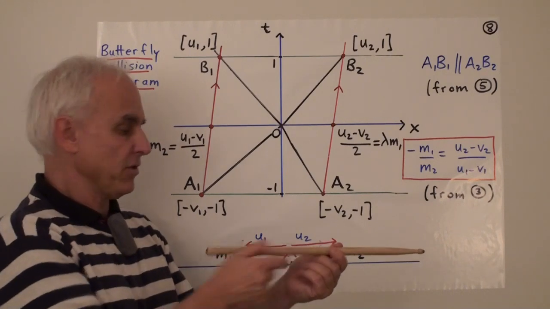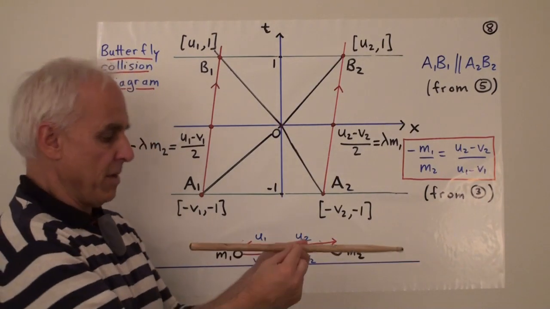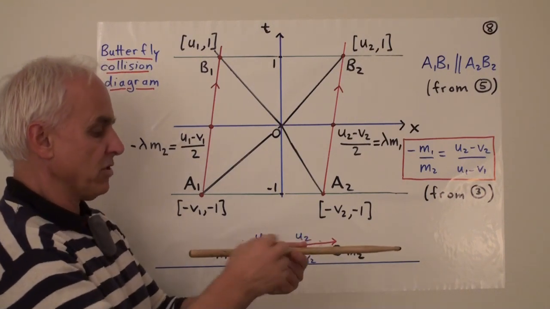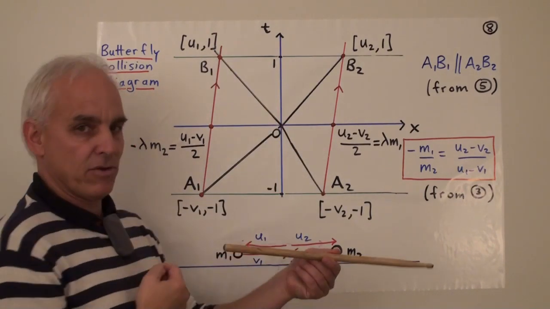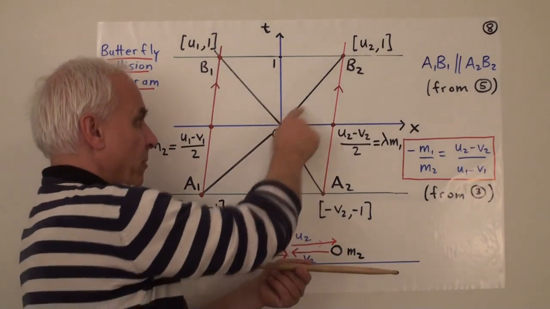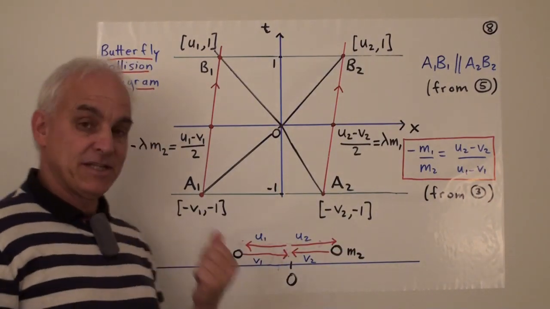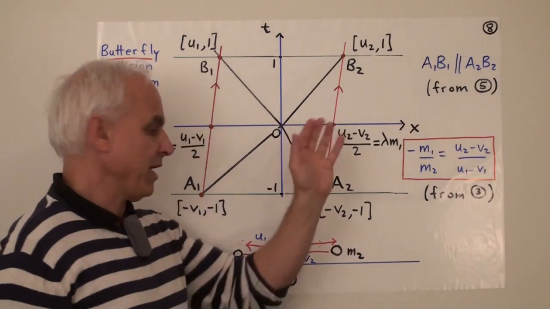This particle is going faster, and this particle here is going a little bit slower. Okay, and they meet here at the origin, they collide elastically, and then they bounce back. So this one bounces back and heads off back where it came from, and this one also bounces back and heads off where it came from. And we can actually see the final and the initial velocities very clearly in this diagram.